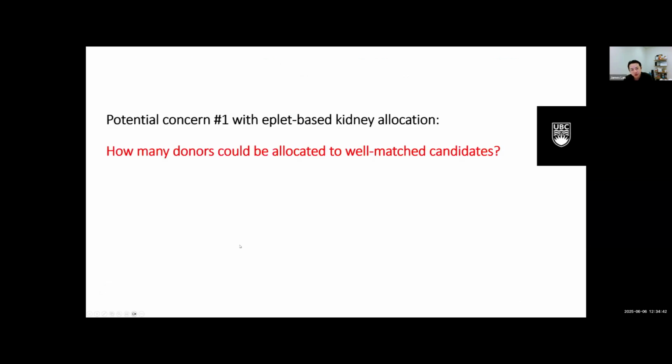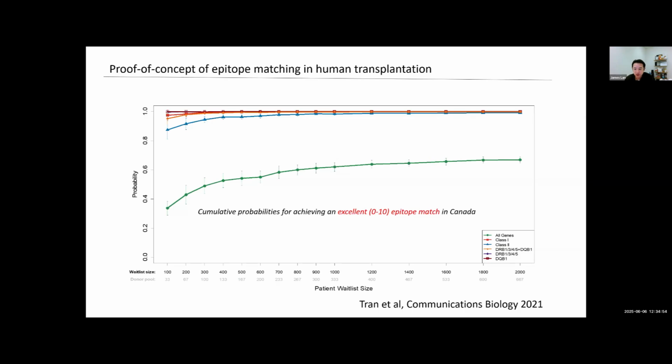When we thought about doing this, there were a few concerns that came up on feasibility. The first thing is, if we have an organ, what is the likelihood that we'll find a well-matched patient on the waiting list to receive it? And so we did a simulation using Canadian data from different sites. What you're seeing on the x-axis here is the waiting list size across all the jurisdictions in Canada.